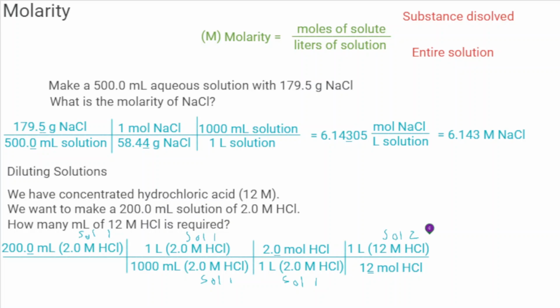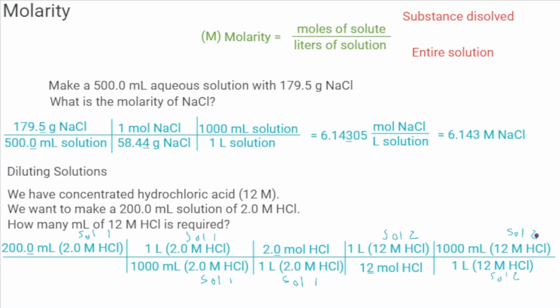Then we can say and since our final answer is wanting milliliters, we can say that for every 1 liter of 12 molar hydrochloric acid or solution 2, we will have 1,000 milliliters of 12 molar hydrochloric acid or solution 2.